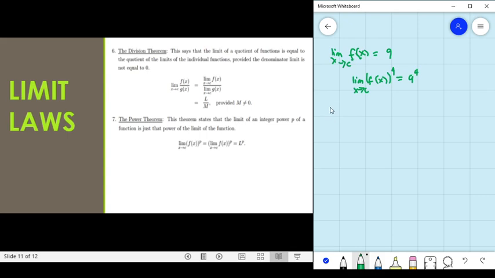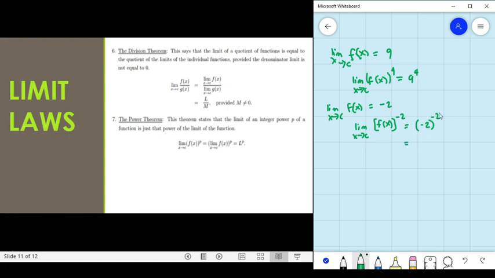Another situation: if the limit of f of x as x approaches c is equal to negative 2, and we are going to evaluate the limit of the function to the exponent negative 2 as x approaches c, replacing the value, we have negative 2 to the negative 2.